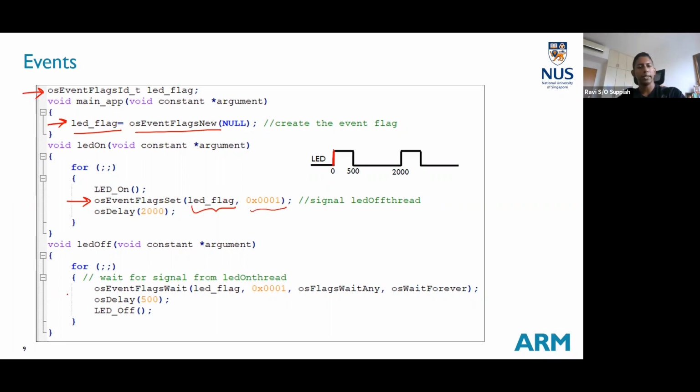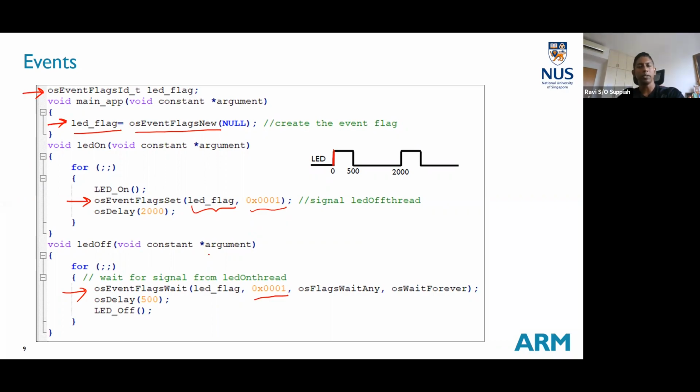And this LED off is waiting for the LED flag 1 to be set, and then I carry on. So the behavior is the same. It's just a matter of whether I want to use the built-in thread flags or event flags, but the concept is exactly the same.